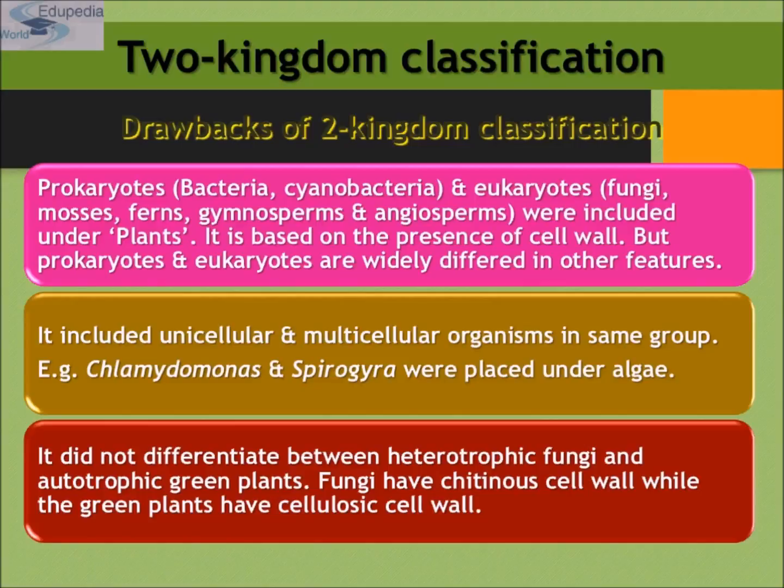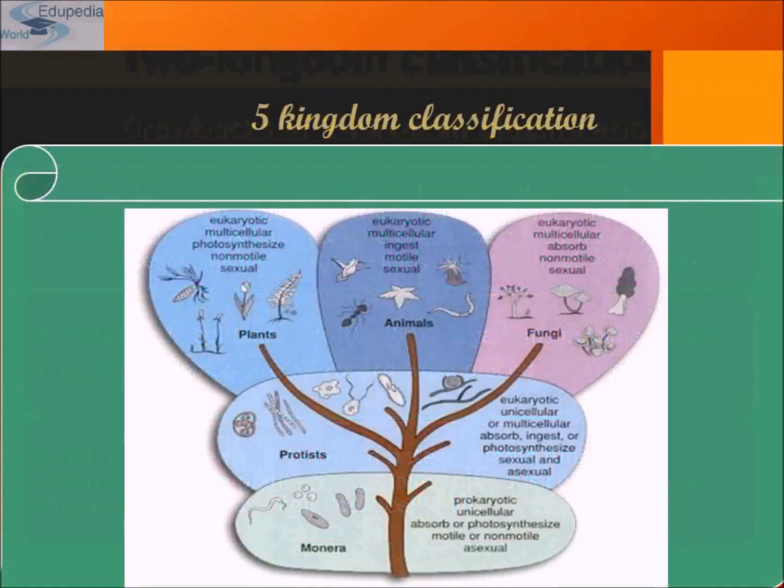Now, what was the merit of the two-kingdom classification? Organisms were classified into plant and animal kingdoms based on their specific characteristics. This system initiated a systematic method to classify living organisms. That's why the five-kingdom classification came into being. Now organisms are divided into five major kingdoms.